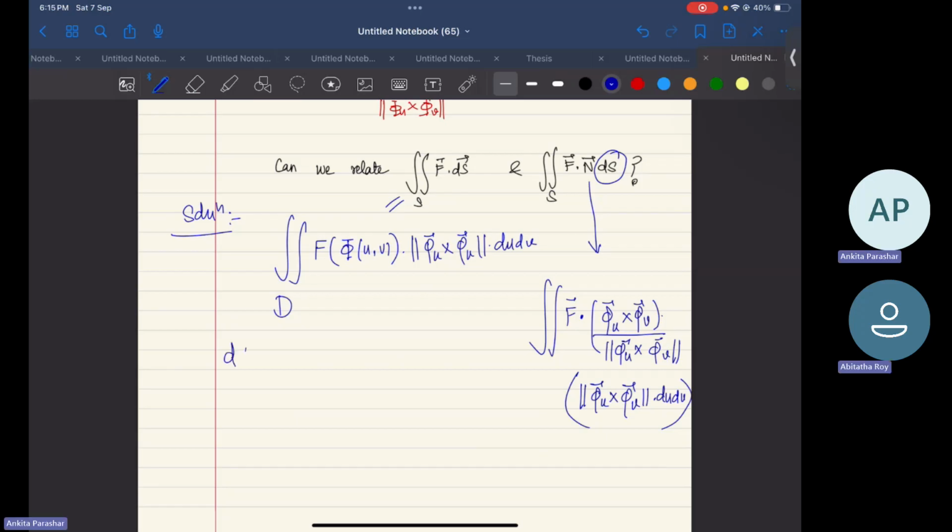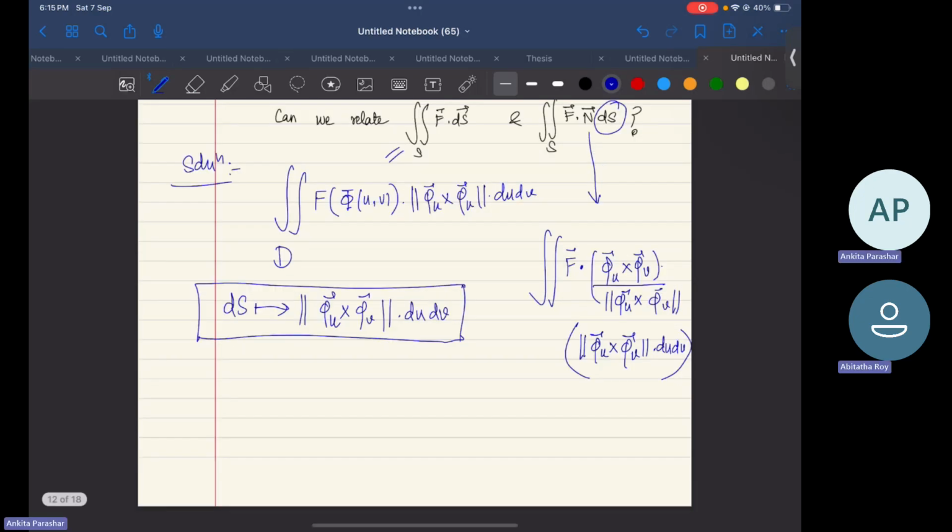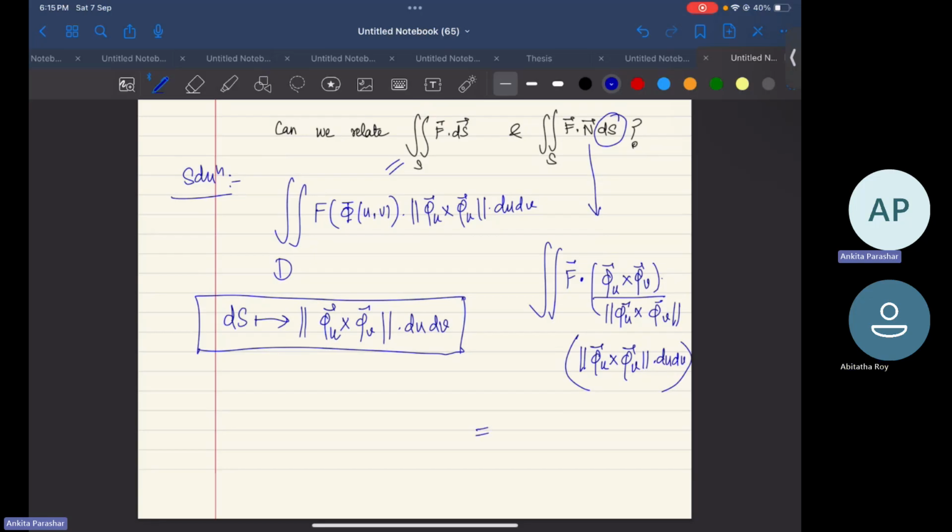Can we parameterize? dS would go to the norm of phi_u cross phi_v times du dv. So this gets cancelled, and you will be just left with f dot phi_u cross phi_v times du dv.